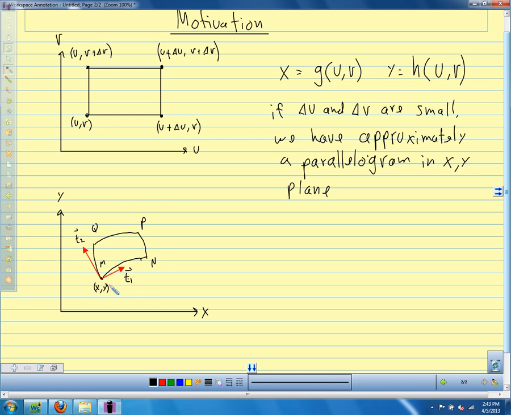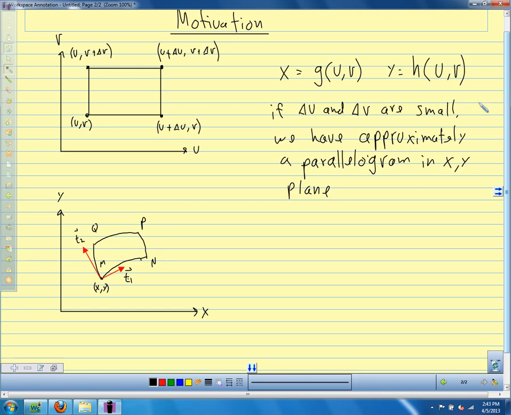So we have these tangent vectors at point M. The one, T2, is tangent to this curve between M and Q, and T1 is tangent to this curve between M and N. We're interested in the coordinates of our vertices going along this direction and going along this direction. We're going to make a comparison between the tangent vectors and the change between our coordinates between M and Q and between M and N.